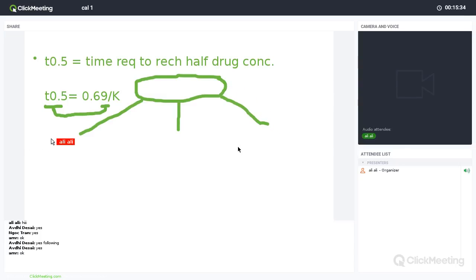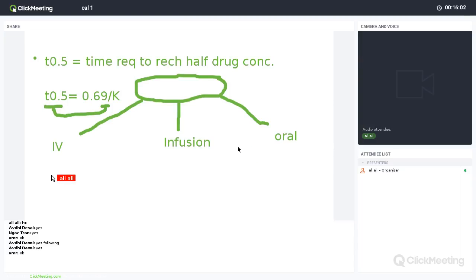The first one is IV bolus injection. The second one is intravenous infusion, and the third one is the oral.